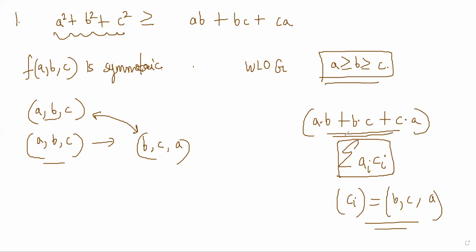We know that this is going to be less than or equal to the case when you keep the sequences in the same order and multiply them, so A into A plus B into B plus C into C.